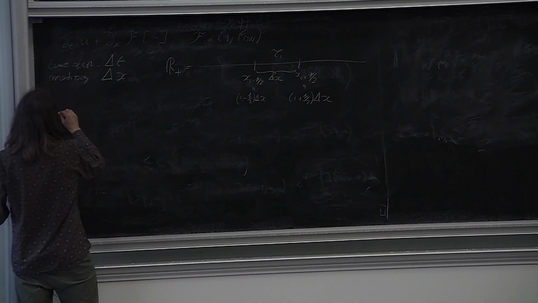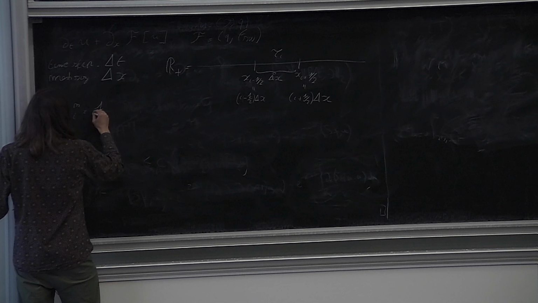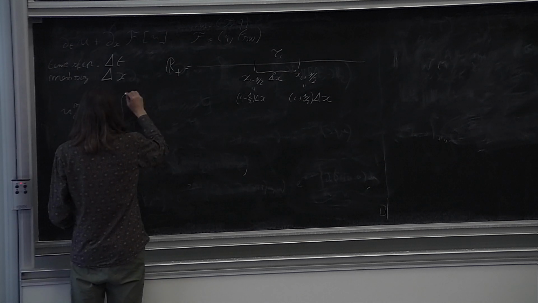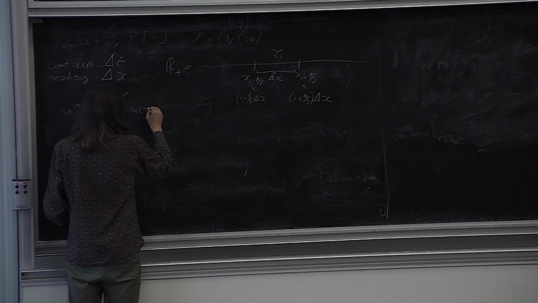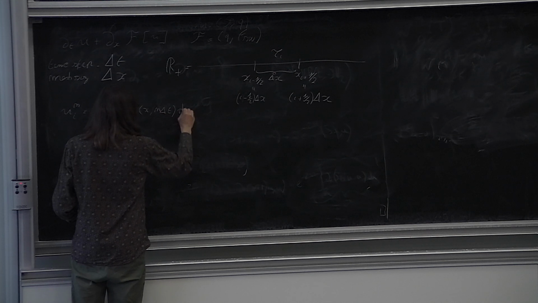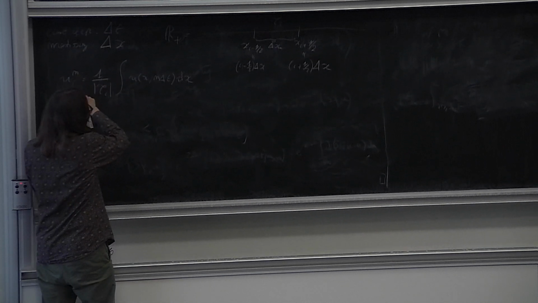I look for a scheme on what I call U_i^n, which is the average on the cells taken at a time n. And I look for a scheme on these quantities.